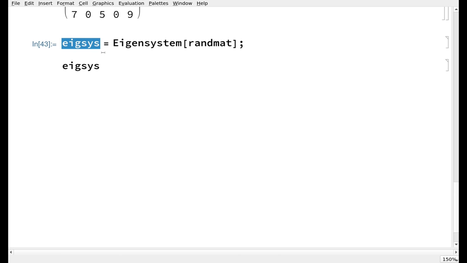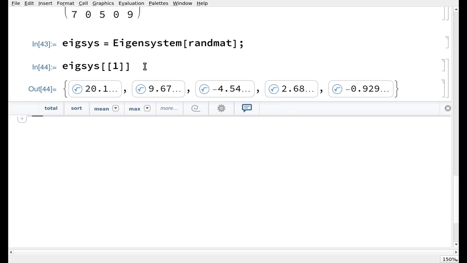The first thing is the list of eigenvalues, and the second thing is the list of eigenvectors. I want the first thing, so you use a double bracket 1, meaning we want the first entry, and then close that with a double bracket. The double brackets are just a shorthand way of getting the first part of a list. So the first entry in this list is the list of eigenvalues.